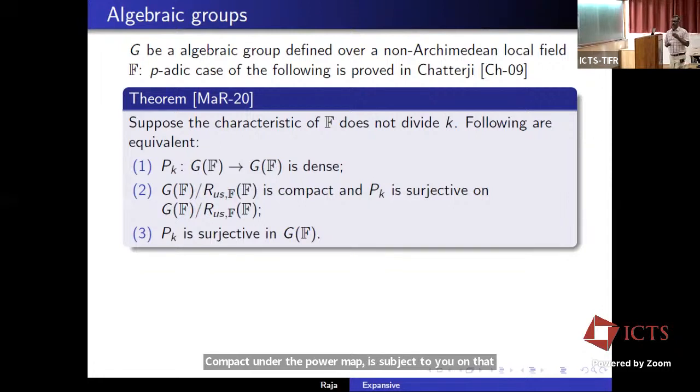Once it is compact, we already know how to get a necessary and sufficient condition on that. We proved it for any non-Archimedean local field, but this result was already proved by Chatterjee in 2009 for the p-adic case. It means the characteristic zero case.